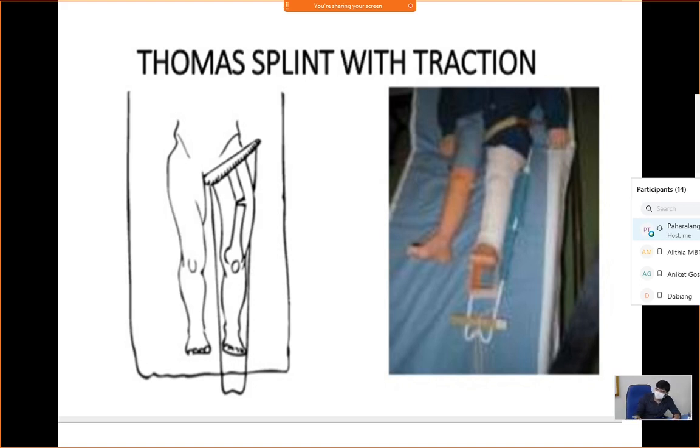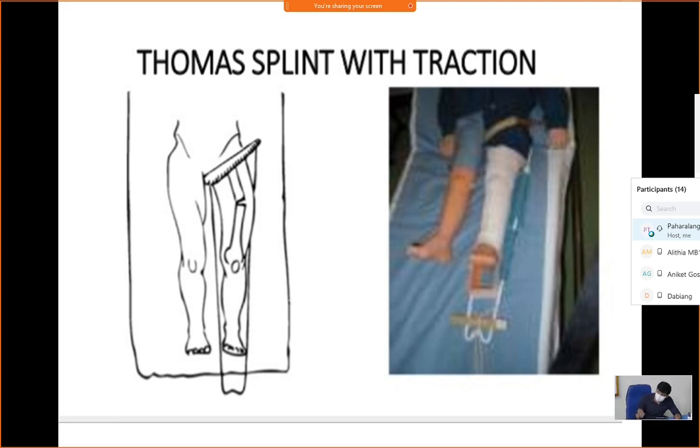So he made this splint to give relief to her. First it was made for TB knee, but now we are using it in any lower limb condition where a splint is needed. This has become universal.